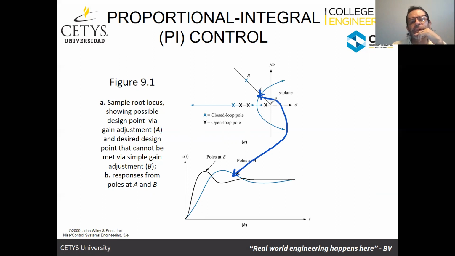If I could add or select another pole in another location, which I'm going to call B, basically adding another pole to the system, this is going to help me have the response in the black graph, which is a little bit better and reduces the error.